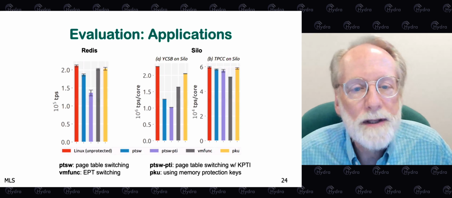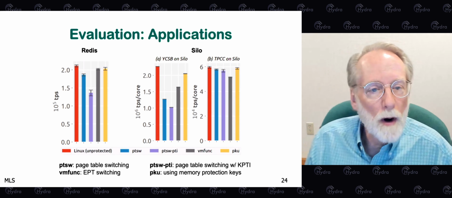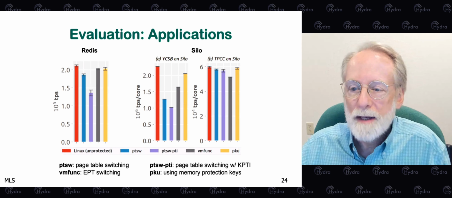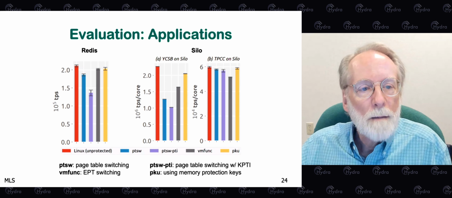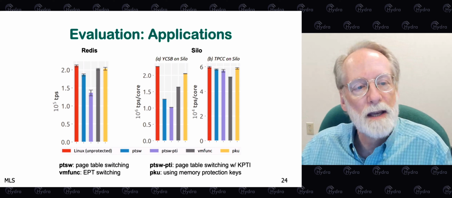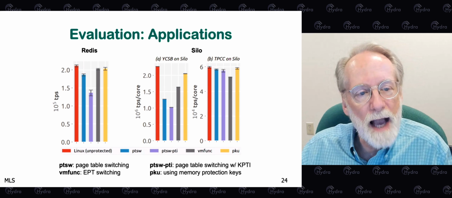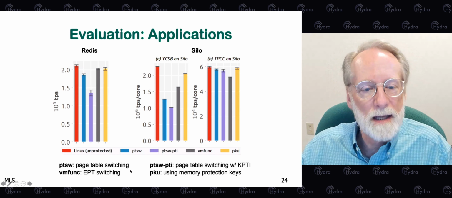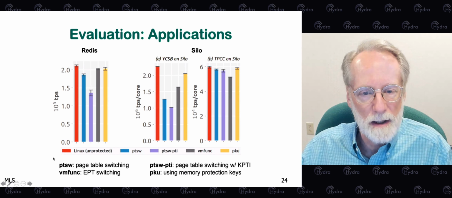In this slide, we can see some of the resulting performance experiment data. On the left, we have the Redis experiment. Each bar measures throughput, in this case, in hundreds of thousands of transactions per second. The red bar represents the default unprotected case.